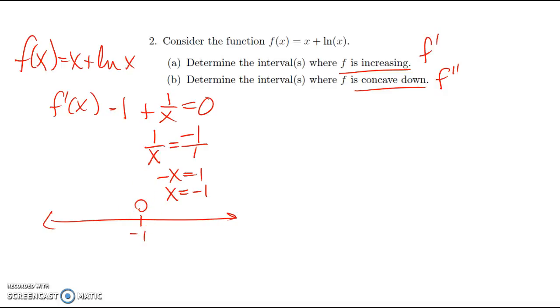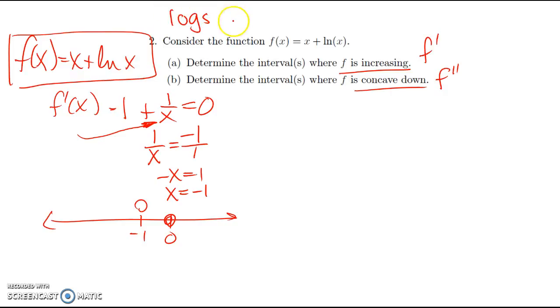The other thing I have to notice here is that I cannot have a 0 in this. So at 0, there's no point because that would be undefined. So then I'm going to test some points, right? The thing to notice too, you see this function, and a reminder about logs.